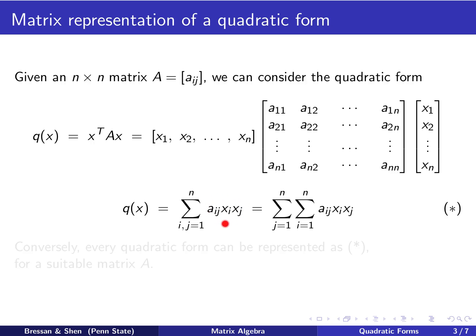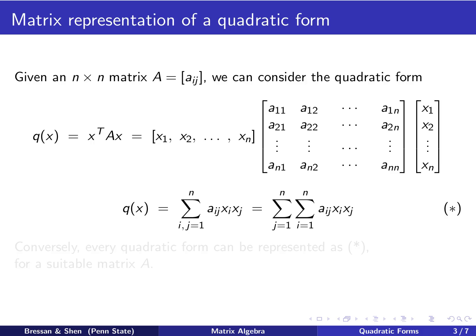So a sum of all these terms where aij is a constant number, xi has power 1, and xj has power 1, so this term has power 2. This summation here, we can be more specific. It is actually a double sum. You can sum either in i first or in j first, it doesn't matter. So summing i from 1 to n, and then summing j from 1 to n.